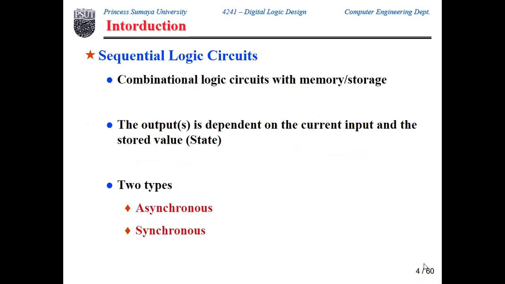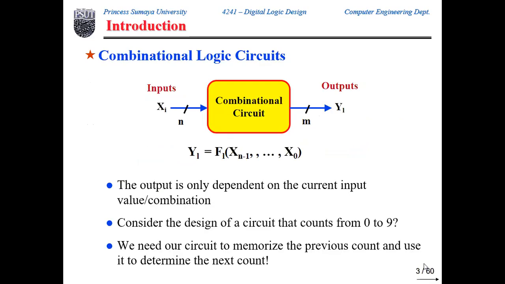Then we talked about an example to design a counter, and when we discussed the design of that counter, we discovered that in order to design a circuit that can count from 0 to 9, we cannot do that using a combinational circuit only.